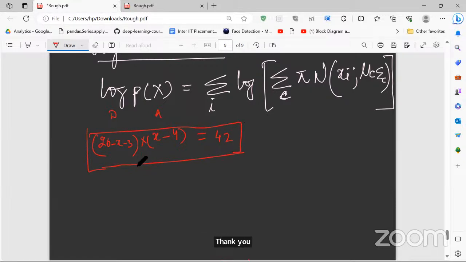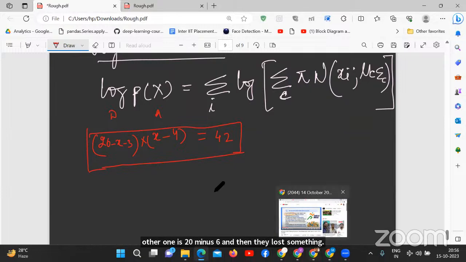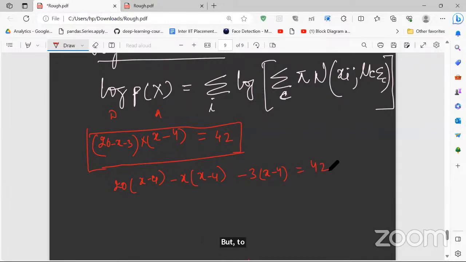Do you want me to solve it or will you be able to solve it? Yes, sir, I also solved it. Okay, then you can solve it. So 20 multiplied with x minus 4, and then minus x into x minus 4, and then minus 3 into x minus 4 equals 42. Expanding: 20x minus 80 minus x square plus 4x minus 3x plus 12 equals 42.